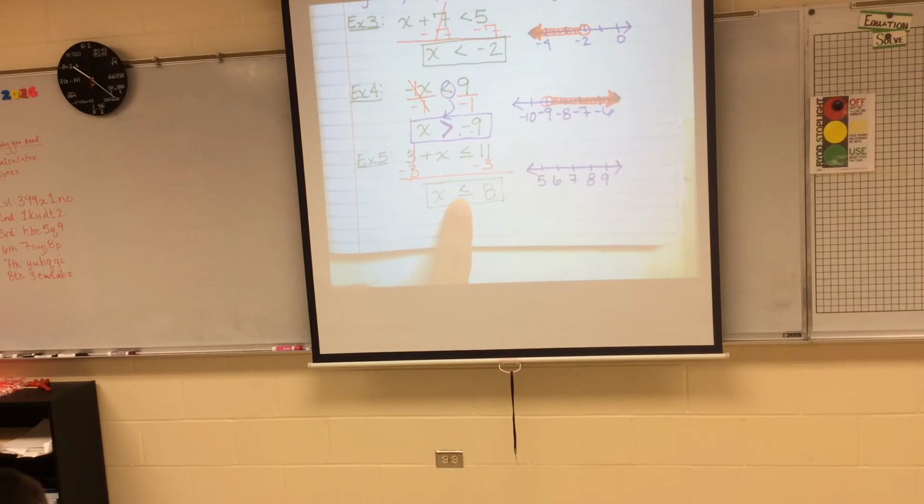What kind of circle? Closed circle. Beautiful. So you're going to do a closed circle at 8, to the left because it's less than. You got it. Don't forget your arrow. I want to see your arrow because it's going to point which way we're going, right? Less than is left.